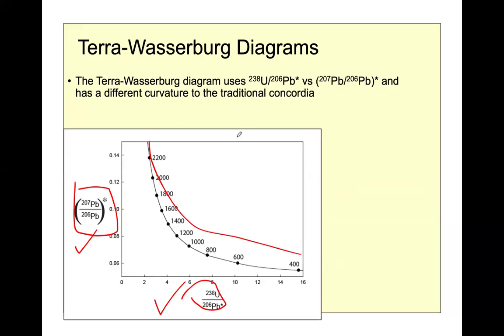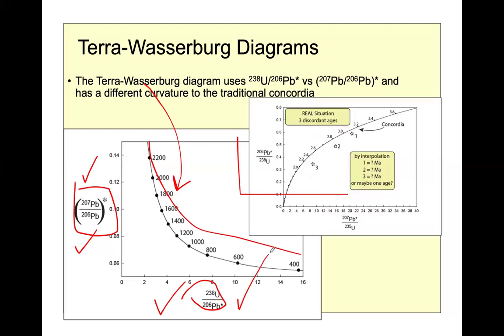So this is called the Tera-Wasserburg diagram. Remember, for the Tera-Wasserburg diagram, we use these two ratios. So that is the difference between the Concordia and the Tera-Wasserburg diagrams. These Tera-Wasserburg diagrams are also used in isotope geology for uranium-lead geochronology.